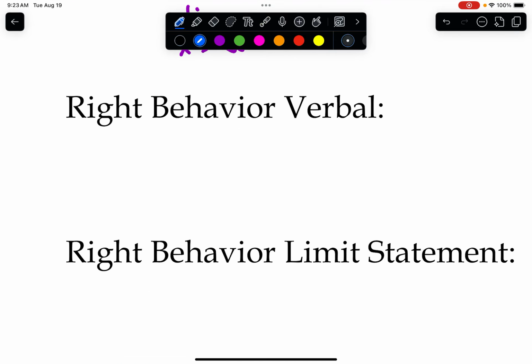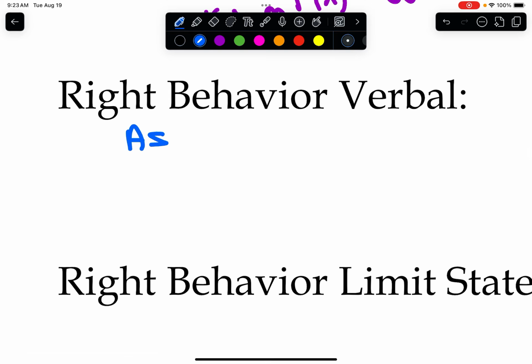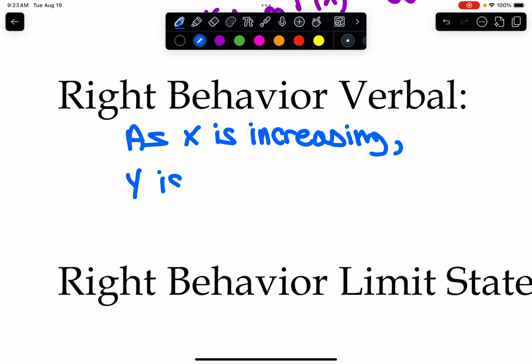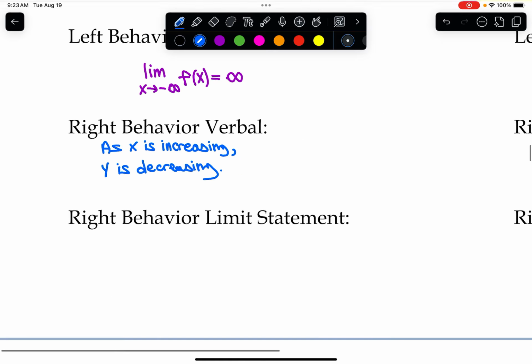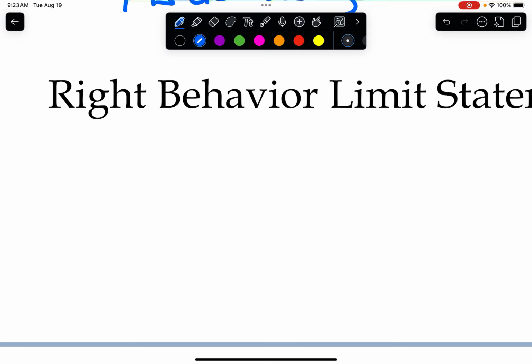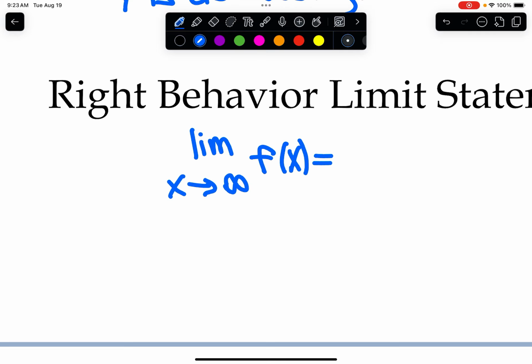So as x is increasing, y is decreasing. For your limit notation, you would write the limit as x is approaching positive infinity, since we're going to the right, of f of x, and that would equal negative infinity, since it's going down.